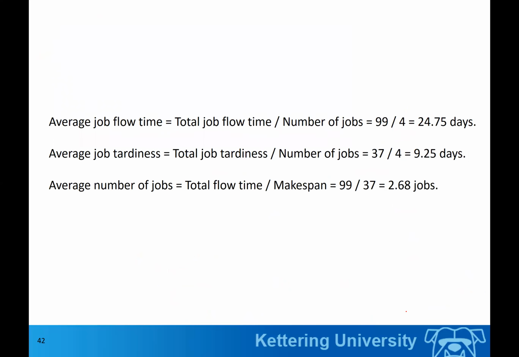In case you want to calculate the average, you have the total, for example, flow time divided by the number of jobs, or total lateness divided by the number of jobs. So just something so obvious: for average, you have the measure divided by the total number of jobs.